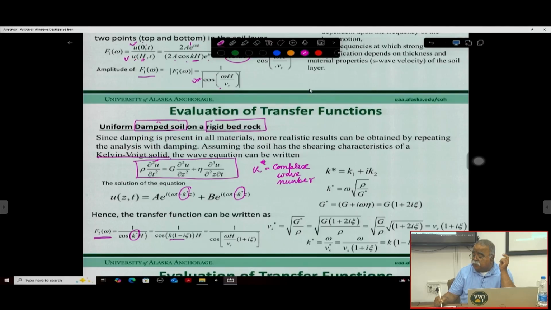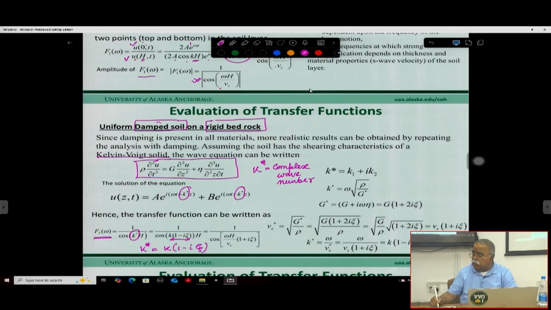If you see two slides before, I had written that k star will be equal to k into 1 minus i times the damping. So k star is basically k into 1 minus i damping. This is the real value of k, and this is the k into i part, so that's the imaginary component of the wave number.